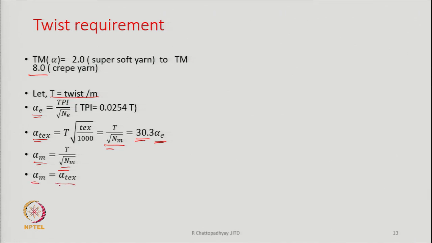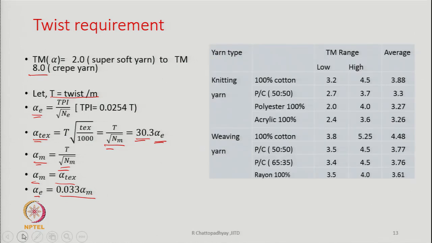Alpha m equal to alpha Tex, alpha E is 0.033 alpha m. And here is a table that gives you an idea of the typical twist multiplier which is chosen for different types of yarn.